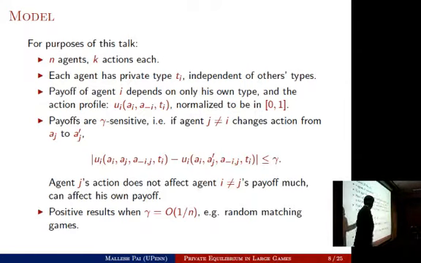Of course, your own action can influence your own payoffs a lot. It's just that any one other person can't influence your payoff by very much in deciding his action. And our positive results are going to be for the case when gamma is of the order of 1 over n.